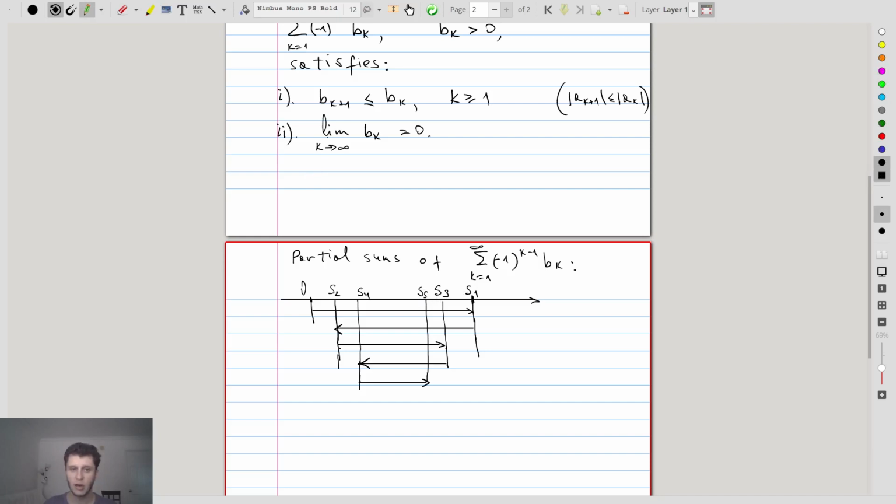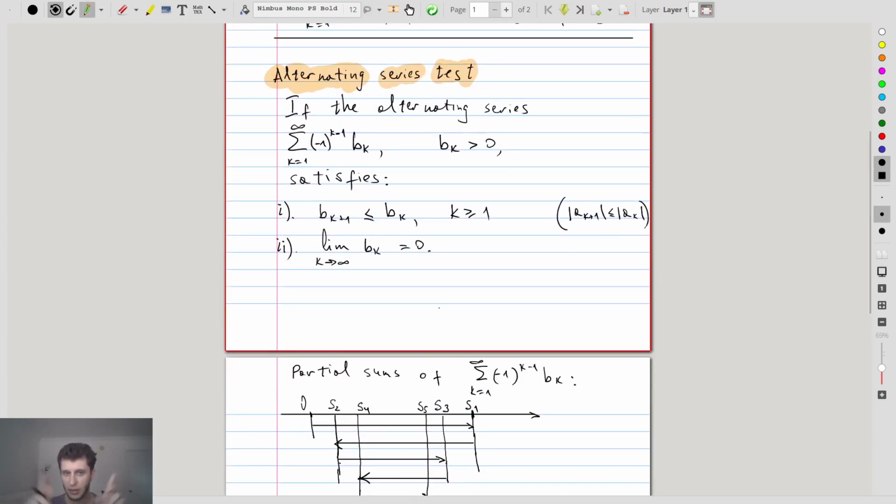And because of the second condition, the length of the jumps that we are making are shrinking to 0. And so that will ensure that the even partial sums and the odd partial sums will meet at some intermediate point, and that point will be exactly the limit, the infinite sum of this alternating series.